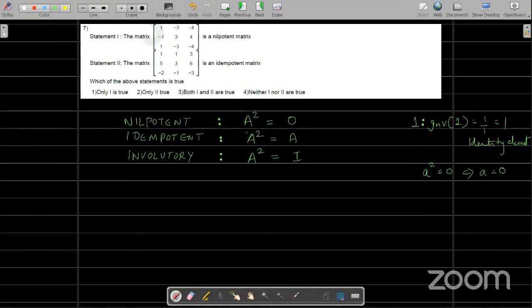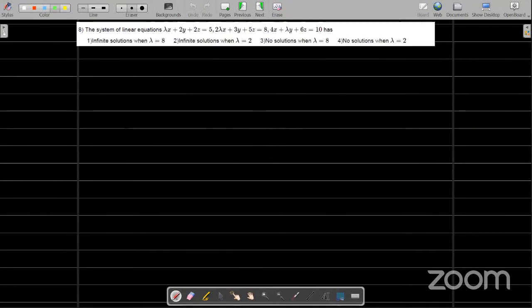A non-zero, a non-trivial matrix A can give you the product to be 0. So using this and verifying it, you can find whether the first one is true, the second one is true, or both are false, or both are true. Okay, so this is all that's needed to keep in mind and apply these concepts to solve the problem.